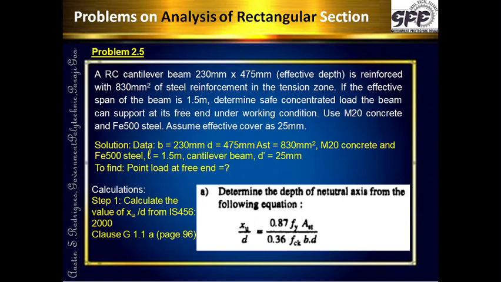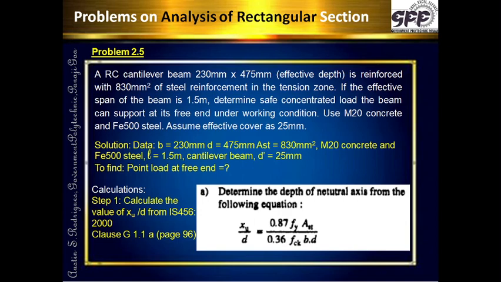Please note, when I have mentioned this working condition, I have told that it can also be named as normal condition or service condition. The difference over here is when the term ultimate is used. If ultimate is used, that means that the 1.5 factor is to be taken into consideration.